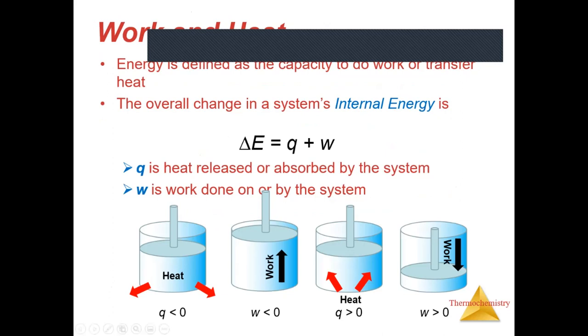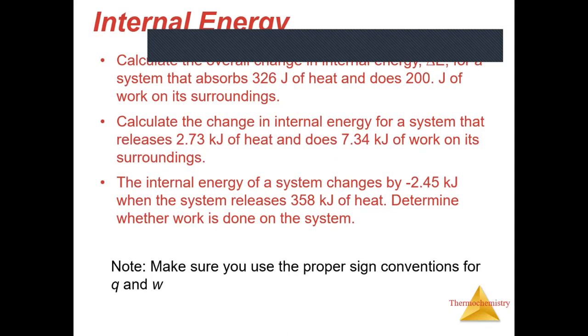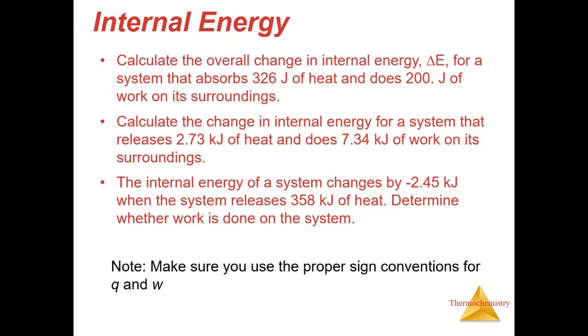On the other hand, it's doing work, so my work is going to have a negative sign associated with it. So my delta E is going to be equal to my Q plus my W. My Q is a positive 326. My W is a negative 200. I add those two together, my delta E is 126.